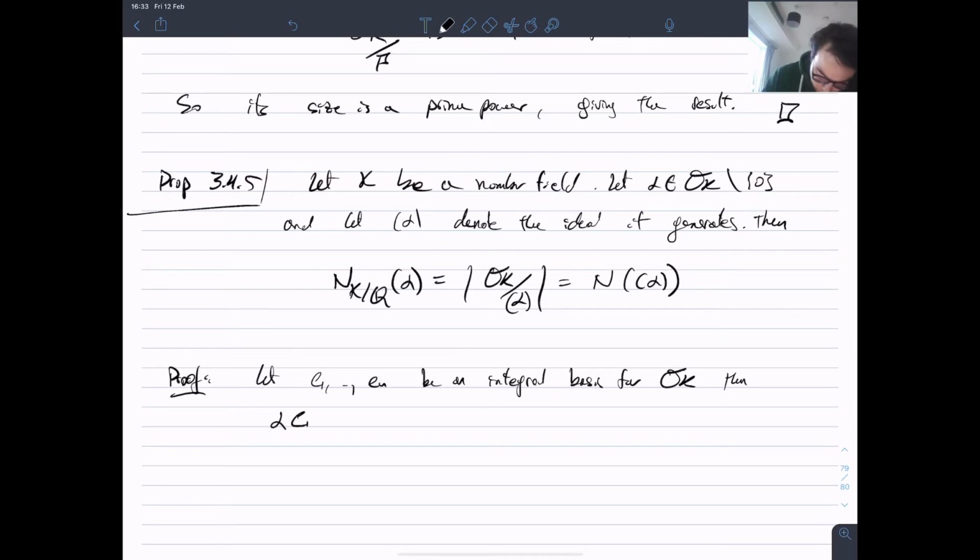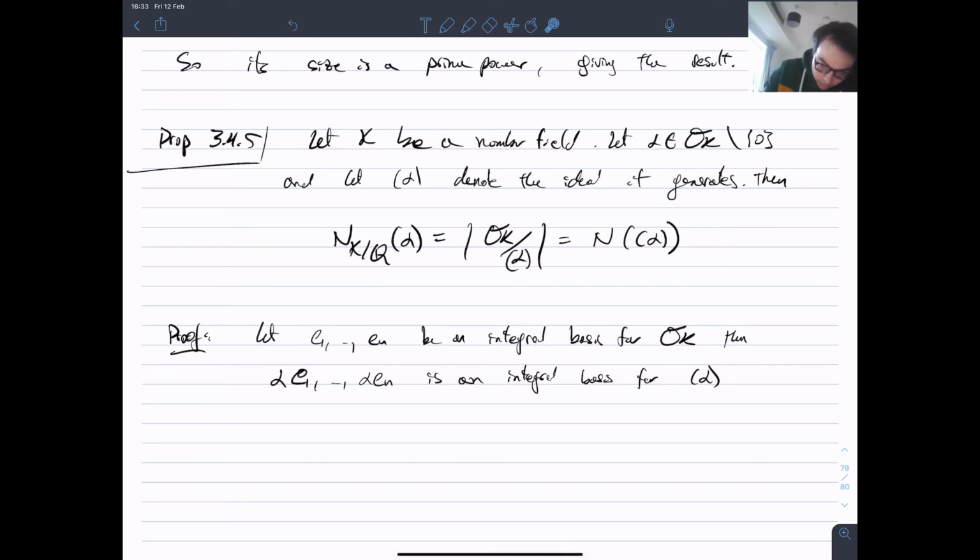Then if you multiply them all by alpha, you get an integral basis for this additive group generated by this ideal. Every element in this ideal is some multiple of alpha. If I have an integral basis of O_K, every element can be written in terms of it, so if I want it to be in (alpha), I need to make sure that every element is divisible by alpha. So clearly, this will give me my basis.